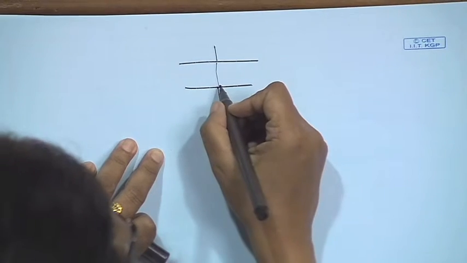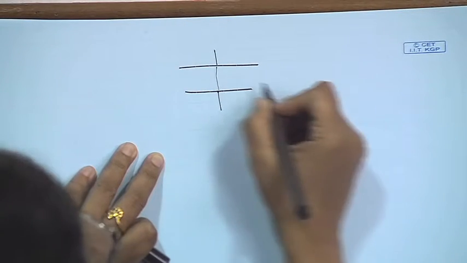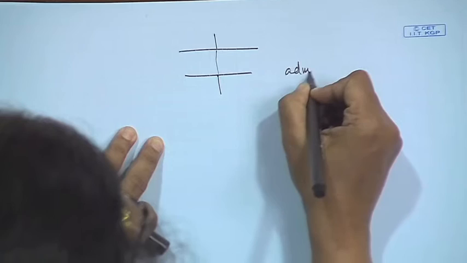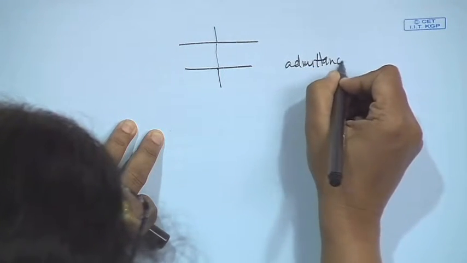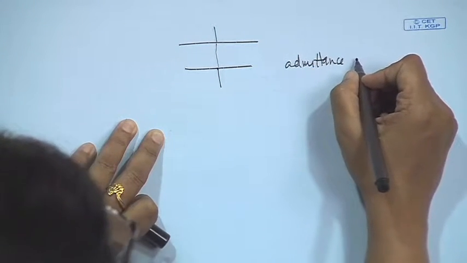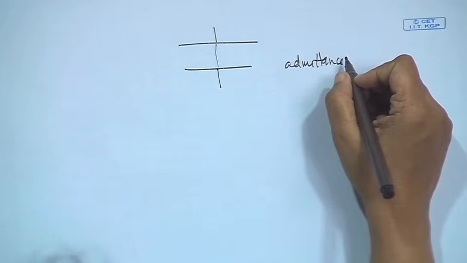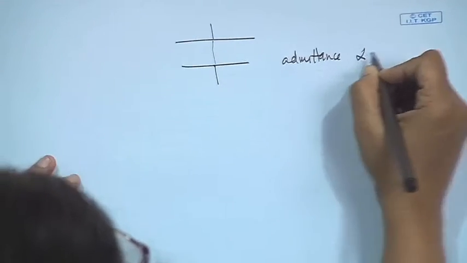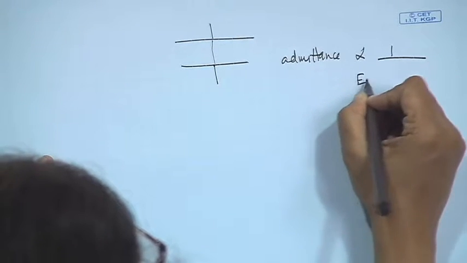So, in this particular case, the resulting admittance is the reciprocal of electrical impedance.